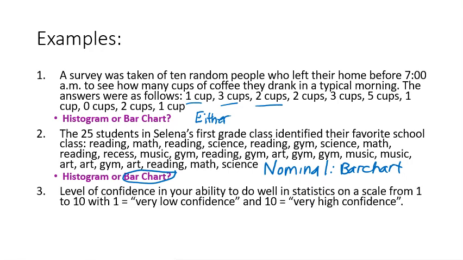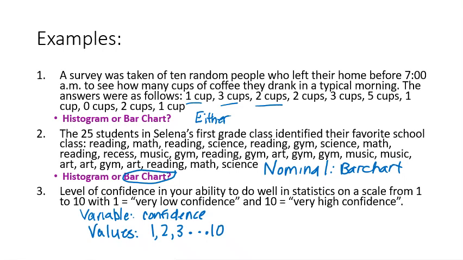And finally, level of confidence in your ability to do very well in the statistics on a scale from 1 to 10, with 1 equals very low confidence and 10 equals very high confidence. And in this case, your variable is confidence, and your values are 1, 2, 3, up to 10.